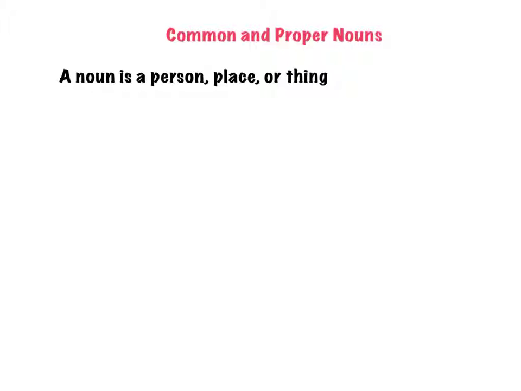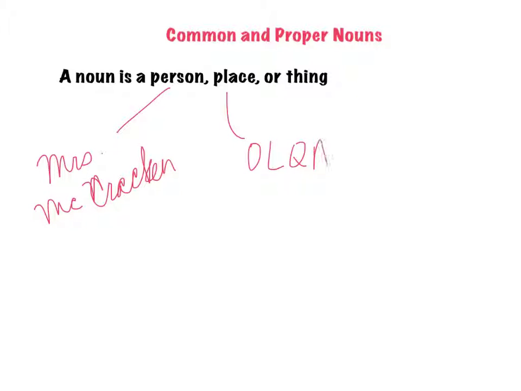Okay, something we already know is that a noun is a person, a place, or a thing. So for instance, a person could be someone you know like me, Mrs. McCracken. Or a place could be somewhere like OLQA School, or California, or Paris.